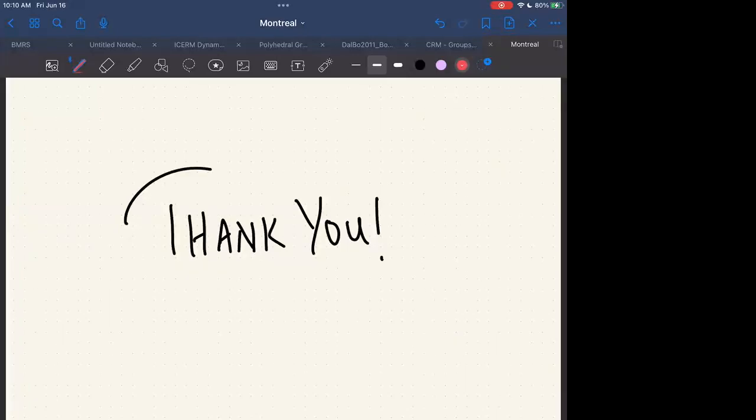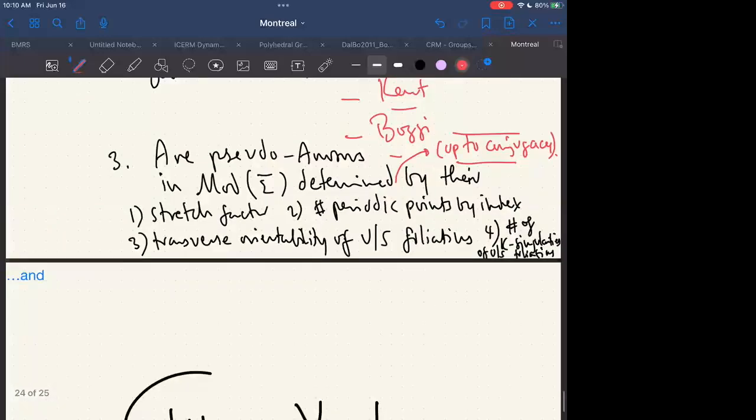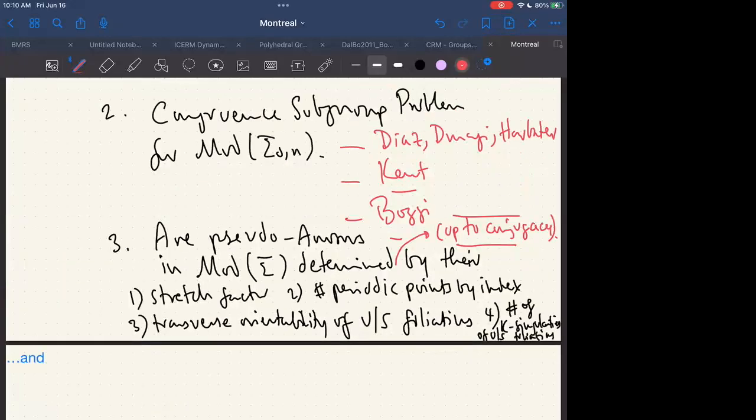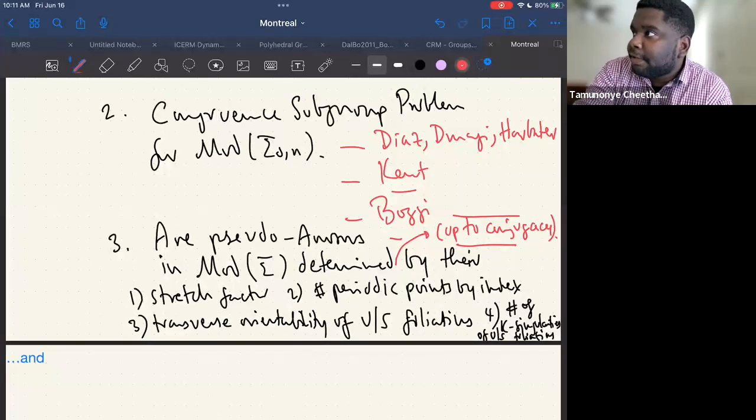Question. Hi, I have a question about your question 3. So the number of periodic points by index. So by index, you mean just the period of the periodic points, or? No, the Lefschetz fixed point index of the appropriate power.